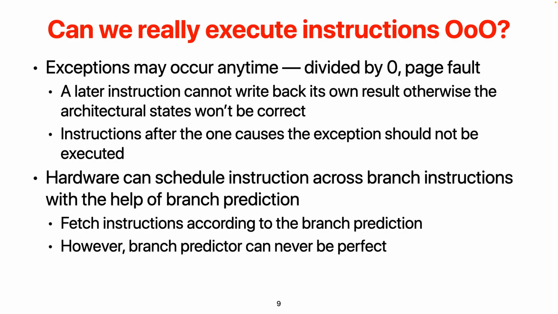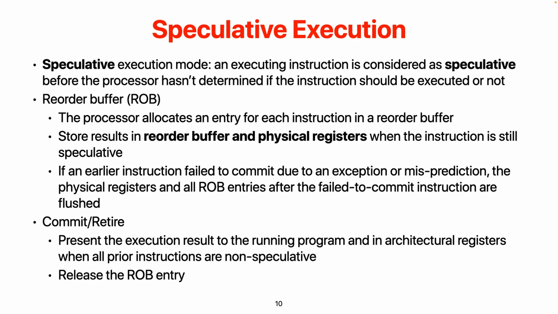You need a mechanism to make sure that instructions that are not 100% certain to be executed do not present their results to the rest of the world, or if I figure out there's anything wrong in a prior execution, I am allowed to recover from those errors.